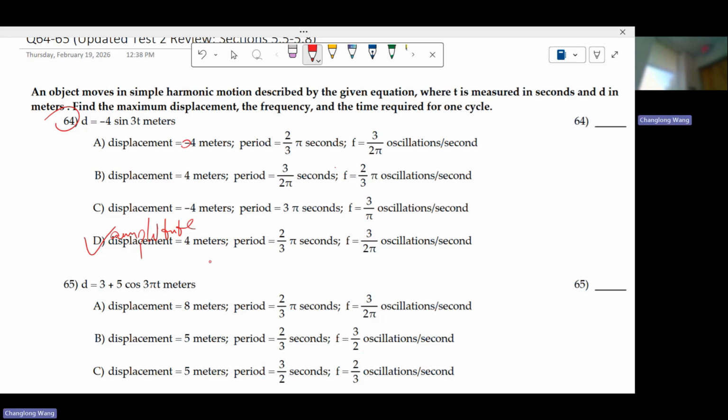It's just 4 meters above, right? 4 meters below the middle line, right? Well, I guess that you can tell from the period, that just go by 2 pi for the period for sine, divide by 3, right? You get what the period is, and the frequency will be the reciprocal of it, right? But just be careful with the sign.